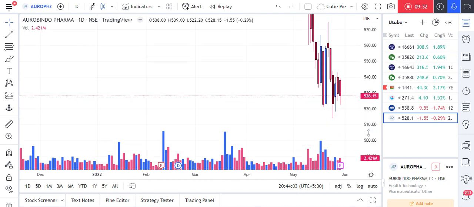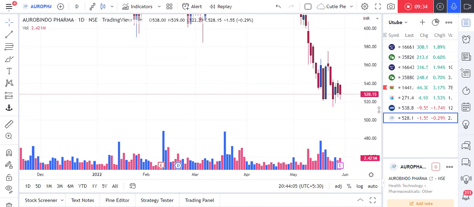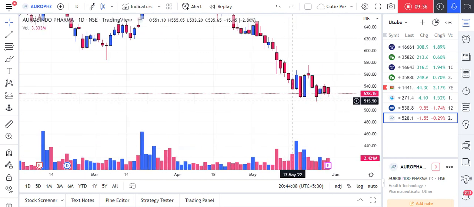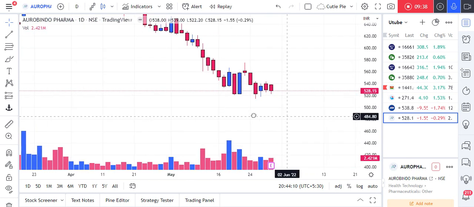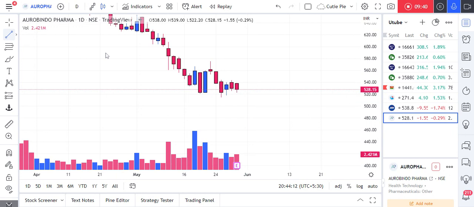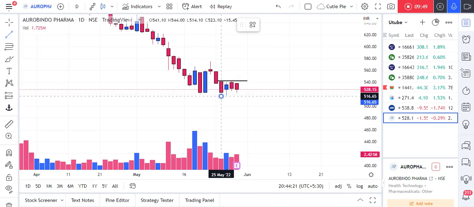Here, Aarti Pharma was having an earnings report today. For today's trade, we are marking the previous 3 days high, and also the 3 days low.